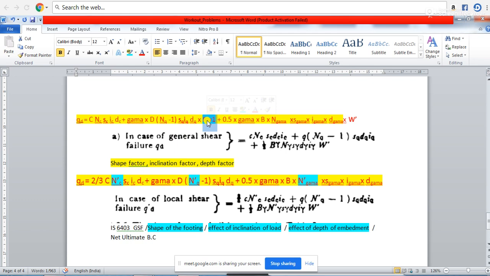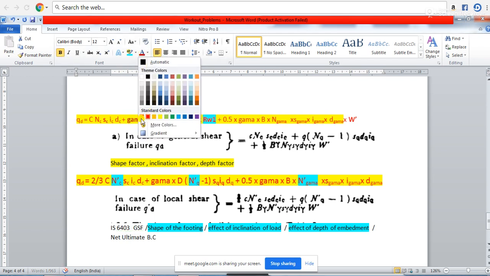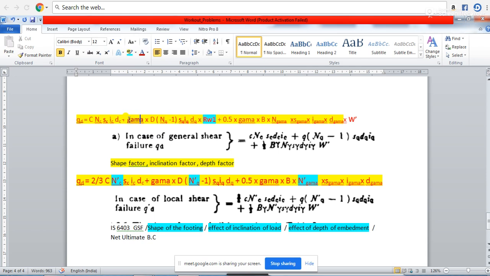Instead, you should use the exact gamma value. If you use gamma exact, you don't require this RW1. Now what is gamma exact, that you need to understand.